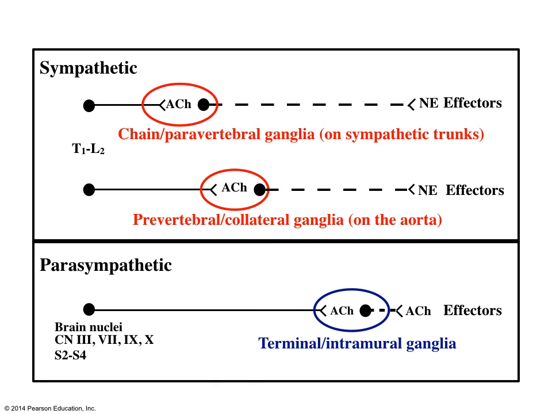Remember, very close to or within the walls, intramural, within the walls of the effectors. And the parasympathetic, both the preganglionics and the postganglionics, very simple, they both release ACH as the neurotransmitter.